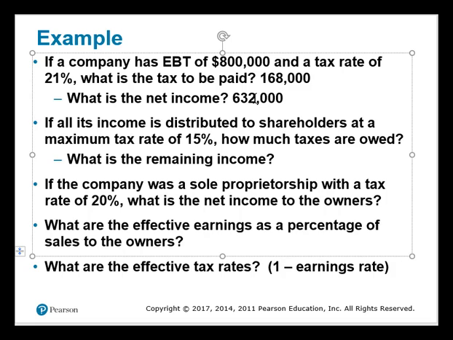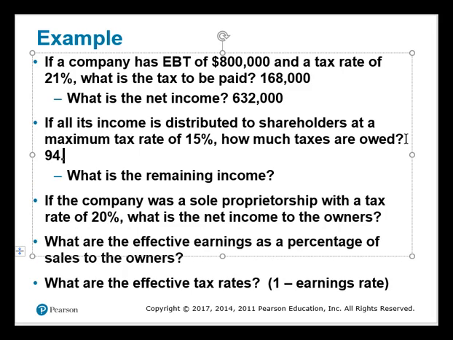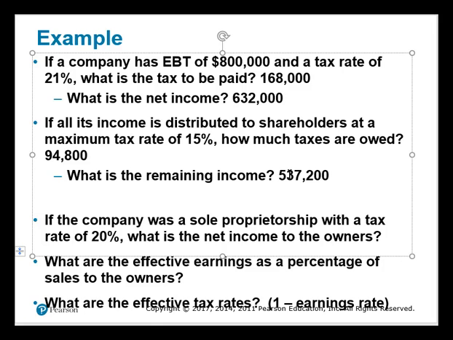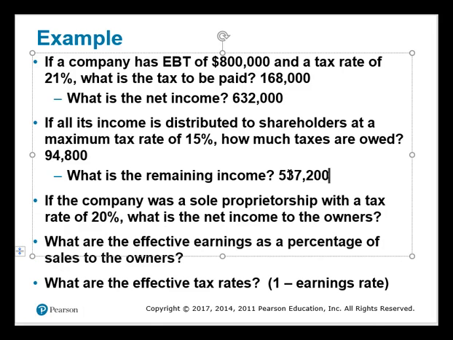If all that income is distributed, what is the tax that individual shareholders will pay? That answer is $94,800. So what's the remaining income? The shareholder ultimately would have $537,200 left over.